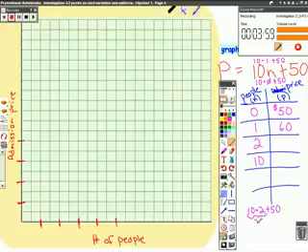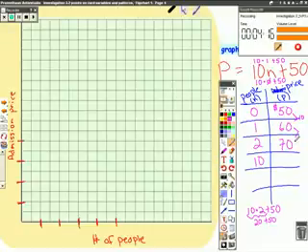So that's going to give me 20 plus 50, which is 70. And so now you can kind of see that what is happening is counting by 10.